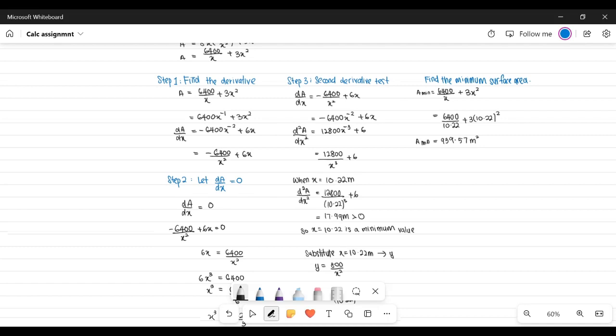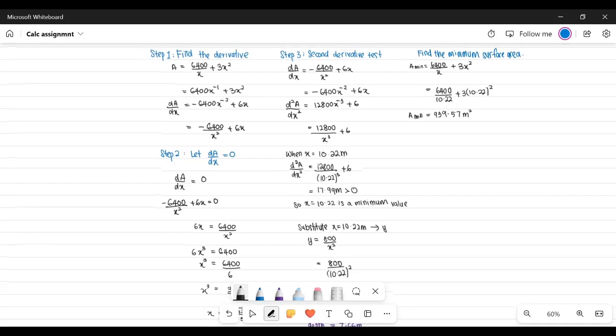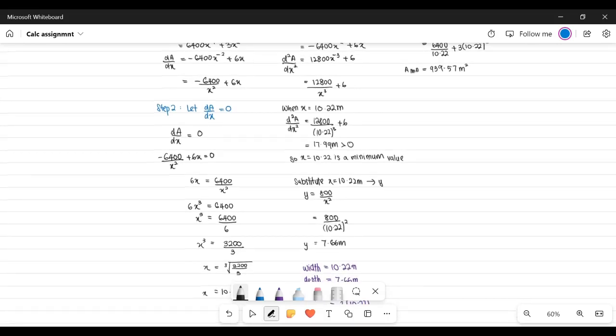From the first derivative, you derive it once again to get the second derivative, and then substitute the x value in the second derivative. If the value is larger than 0, then it is a minimum value. If it's smaller than 0, which is negative, it will be the maximum value.